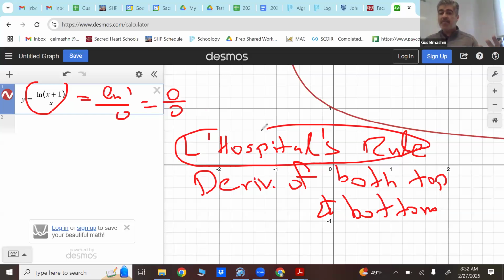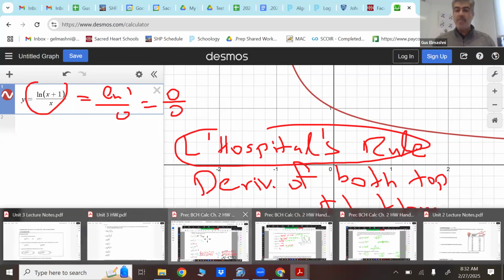There's a limit you use to help you find a derivative. We're not there yet, but we will be able to do that analytically when we get to that point, and it will come out as 1. So that's something that's on deck. Anyway, that's number 1. Anything else on number 1?